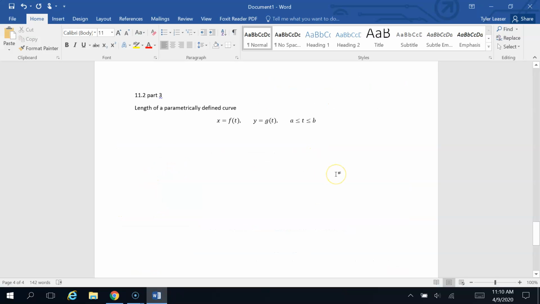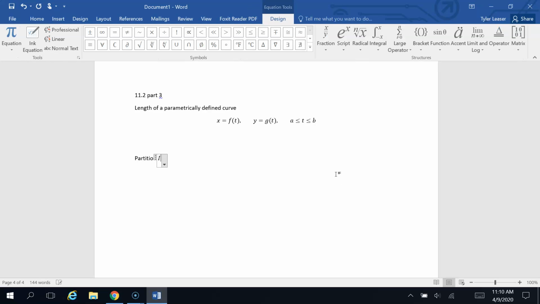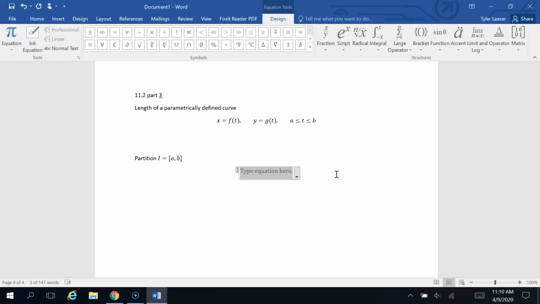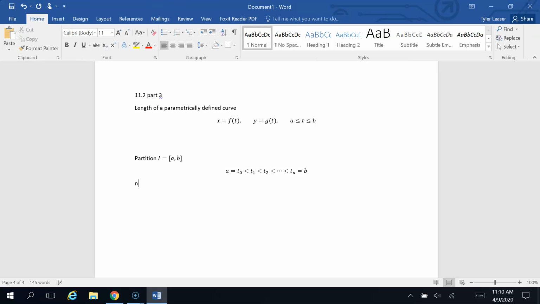Okay, so in partitioning, remember that we're defining I as that interval of the parameter. So we're going to partition I between A and B. We don't have a specific number of partitions, but let's say A is the first value t0, and then there's another value t1, t2, all the way down to t sub n, where t sub n is at the endpoint B. So we have n partitions, lowercase n.